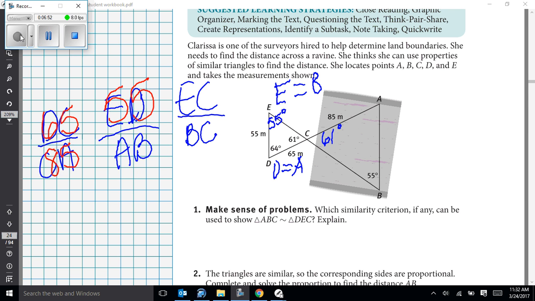So if we knew what the scale factor was, we could determine if that was proportional. With this one, because we have two angles, that's all we need. We don't have any other sides besides side angle side. Why are they not?